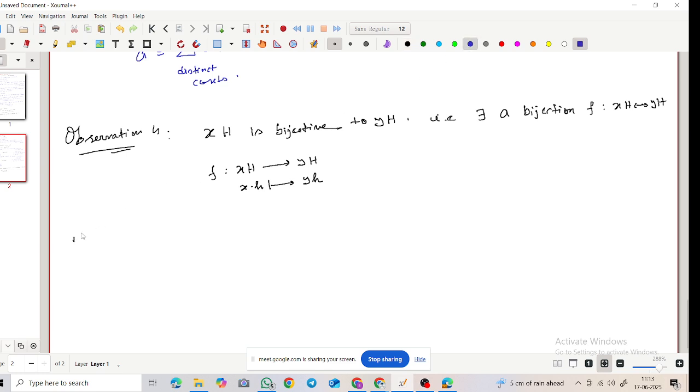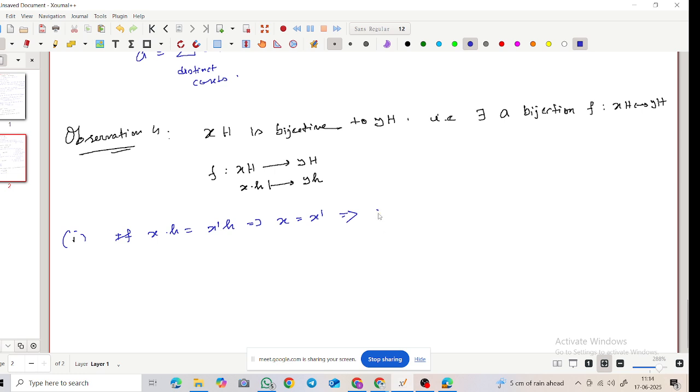So let's check the well-definedness first. If xh is x'h, this means x is equal to x', because you can multiply both sides by h inverse.